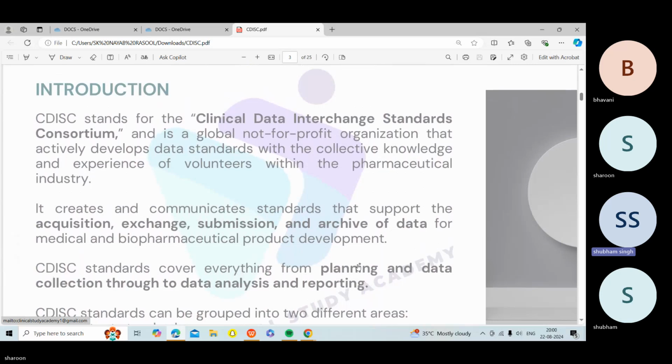A non-profit or not-for-profit organization is kind of an NGO. They have registered themselves as an NGO. Kind of they are saying we are not charging anything for these services, but obviously they'll be earning a lot from this. It actively develops data standards with the collective knowledge and experience of volunteers within the pharmaceutical industry. Why have they used the term volunteers, not employees?